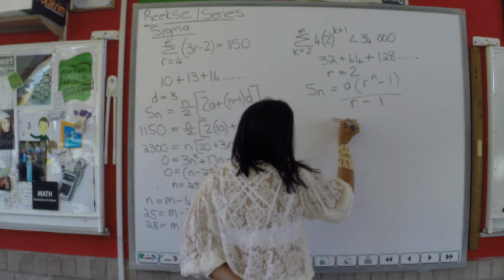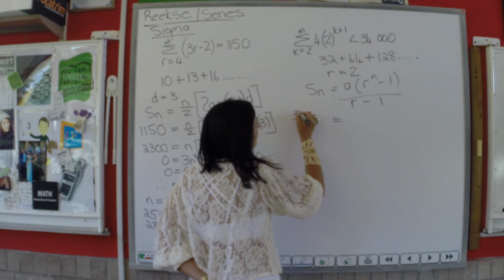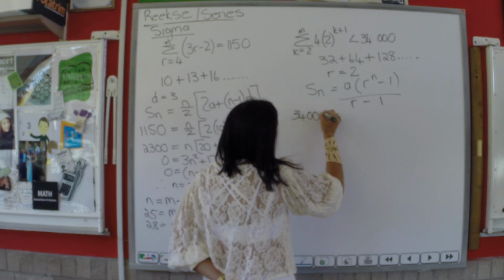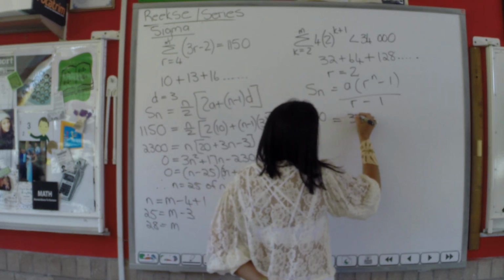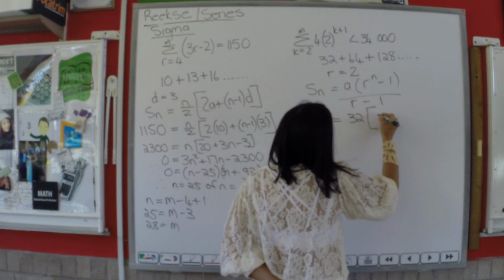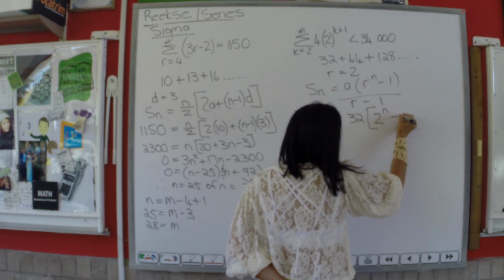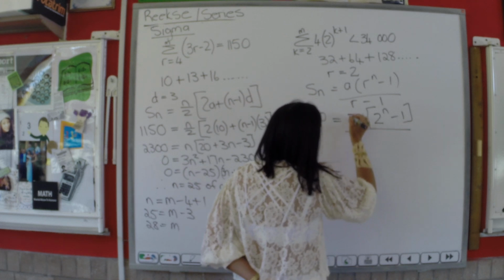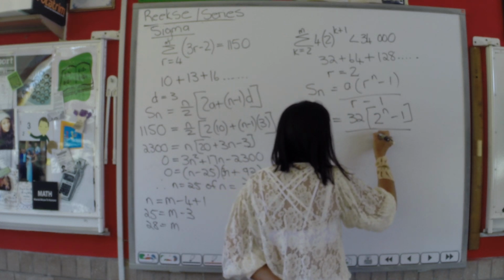So let's substitute. The sum of, I'm going to take as 34,000. En nou gaan ons a-waarde insit, dis 32. Ons r het ons uitgewerk as 2, tot die mag n, wat ek soek. En dan het ek 2 minus 1 wat 1 is.